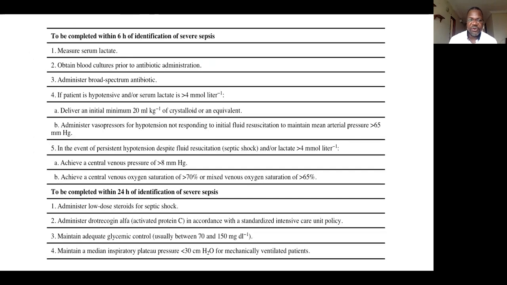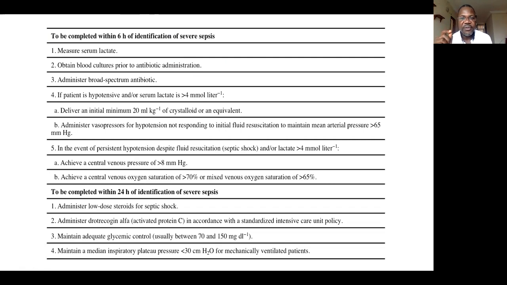So in conclusion, what you do within the 6 hours of identifying your septic shock, I say don't use the word severe sepsis, is you measure the serum lactate, to confirm if it is above 2 millimole per liter, remember, it's septic shock.